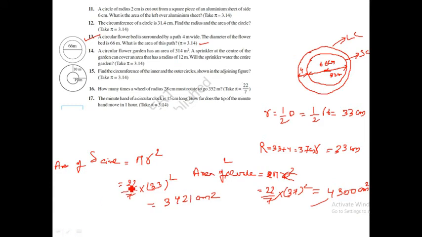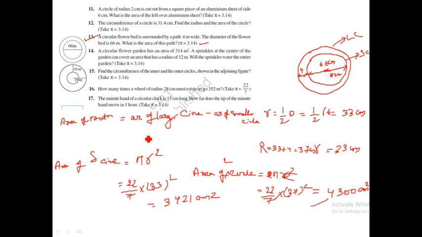So area of path equals area of larger circle minus area of smaller circle.